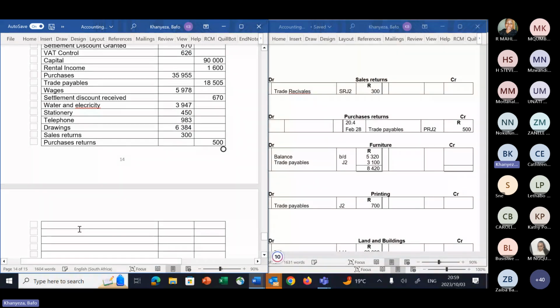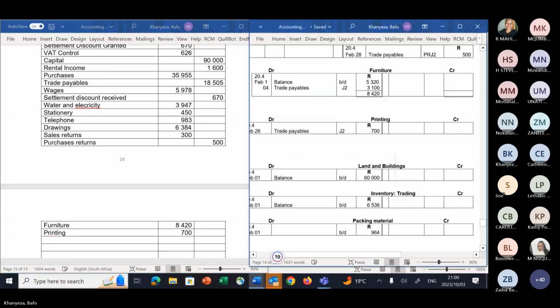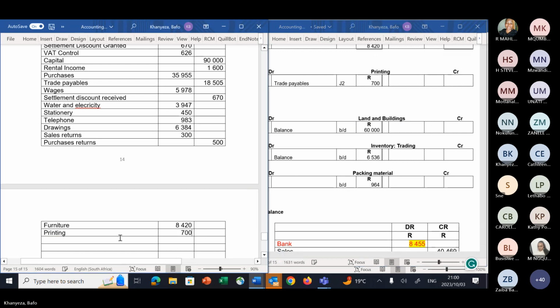Then I have furniture, 8420. Then I have printing of 700. Then I have land and buildings of 60,000.